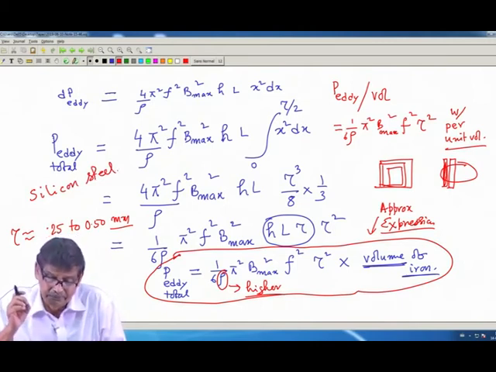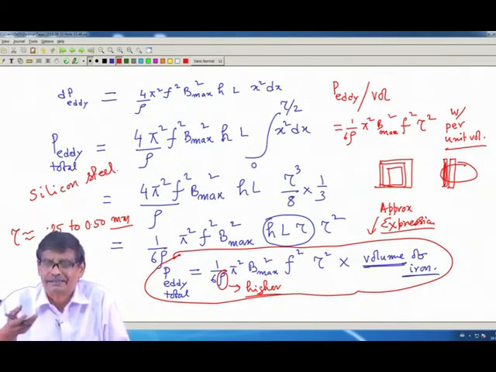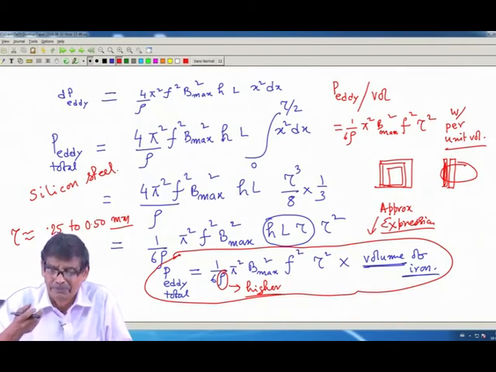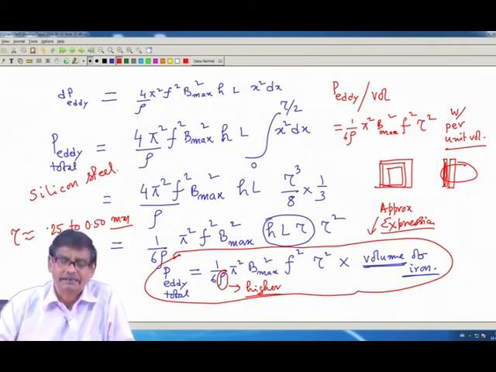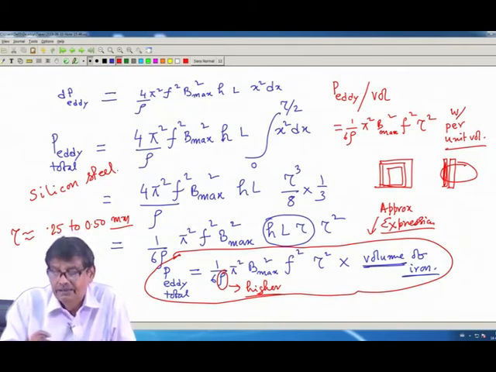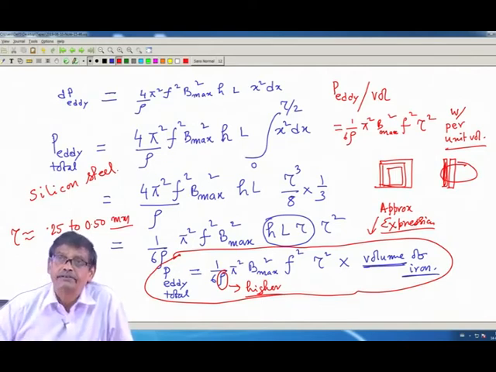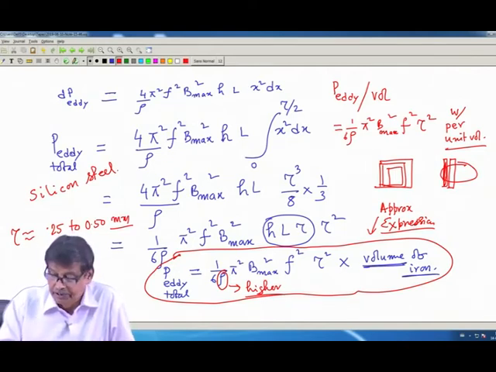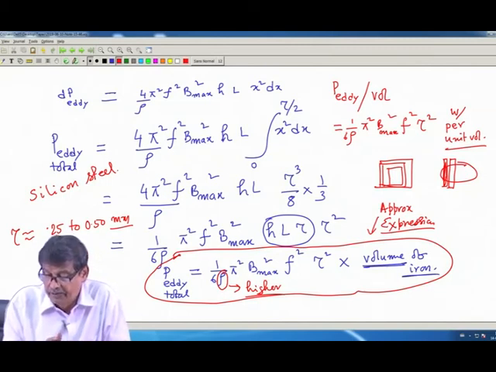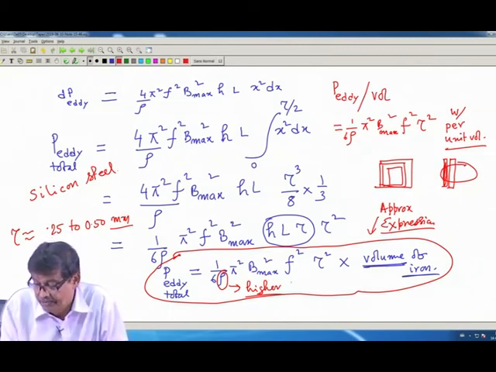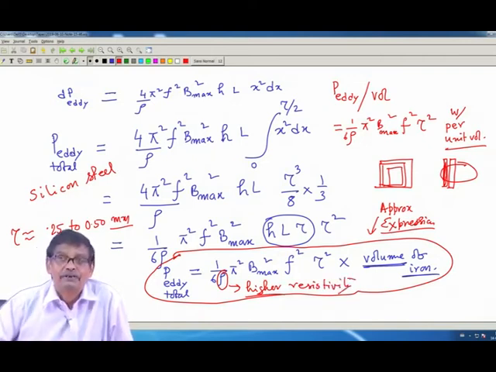Add some small quantity of silicon to ordinary iron steel, exact percentage I do not remember, you can see a design book, and make a special type of iron which will give you higher resistivity to reduce the loss.